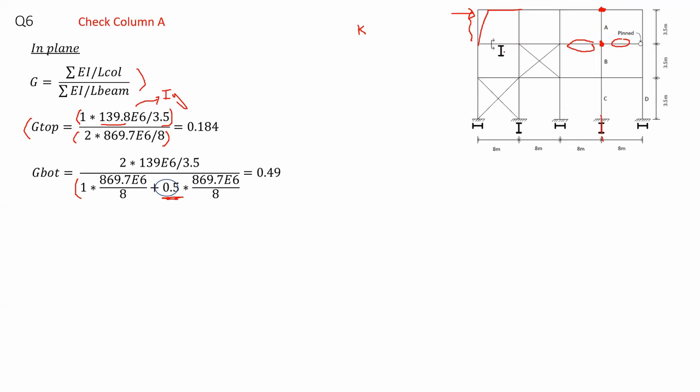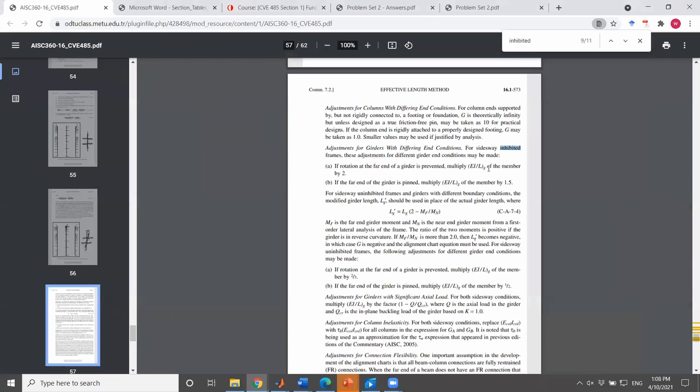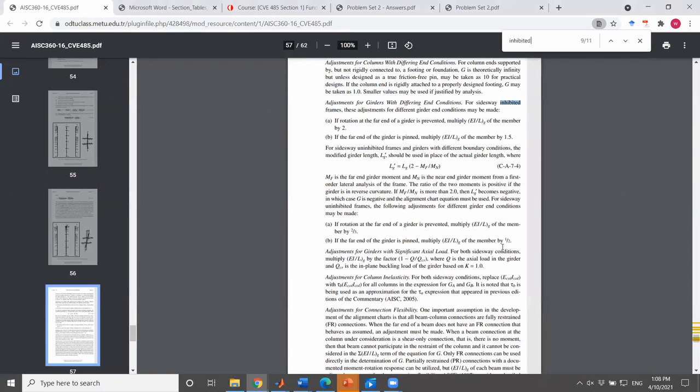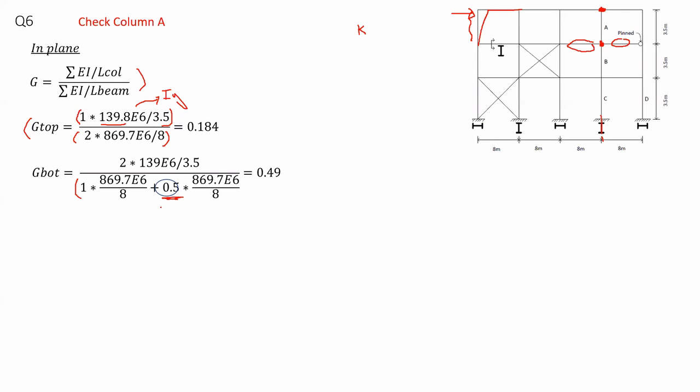Therefore, because of no bracing, there would be sway. So if we check the AISC again, it says for sidesway uninhibited, if the far end of the girder is pinned, you multiply the EI value by 0.5. So based on that, I chose the value 0.5.